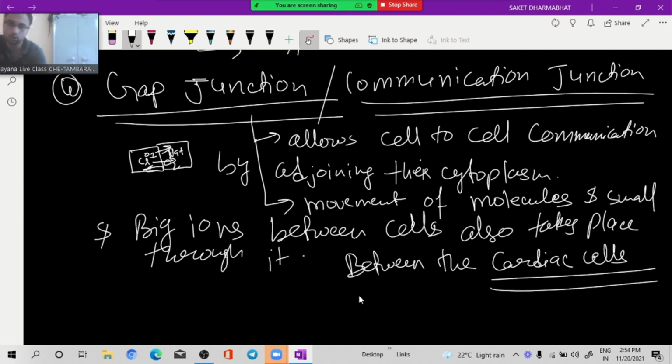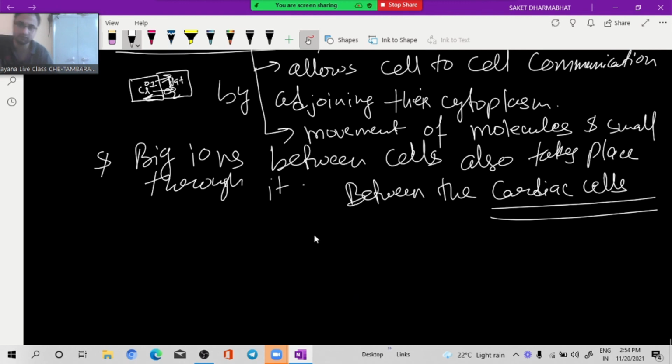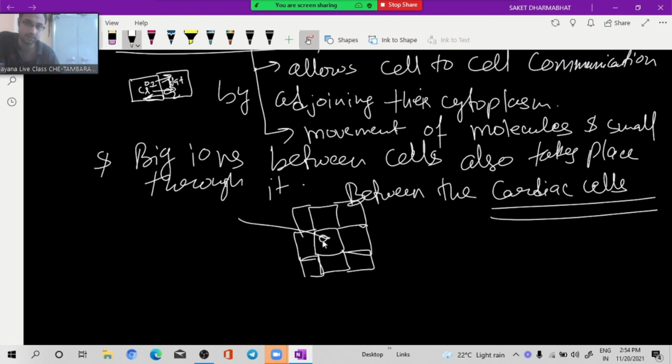Cardiac cells. Suppose there are 5 to 6 cardiac cells. Suppose one cell gets the signal for contraction, suppose this middle cell got the electric current to contract, then it is connected to what?